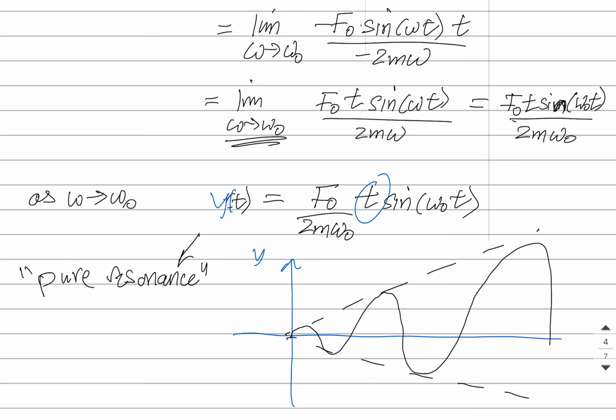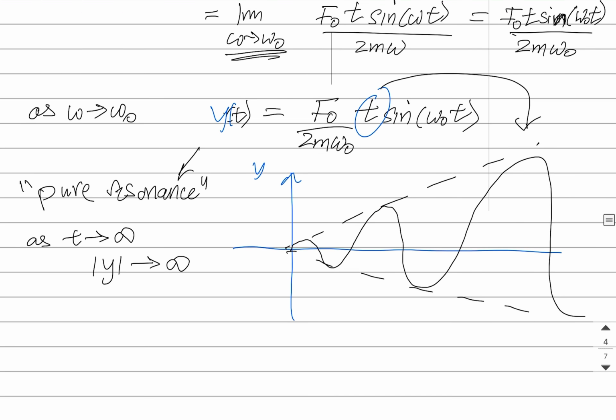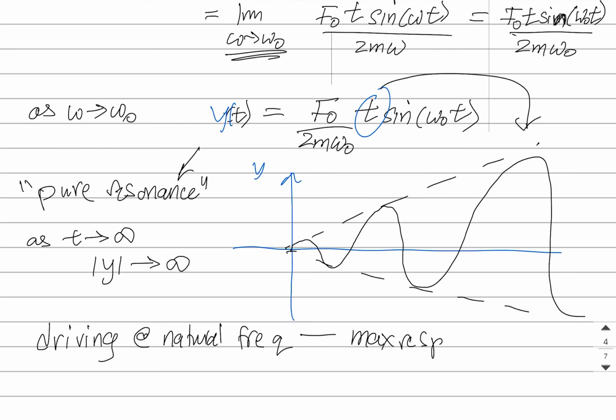And as time went on, the magnitude of those oscillations becomes unbounded. And it has this linear envelope on the front. When you drive your system at its natural frequency, you get a maximum response in the amplitude, in the energy that you provide.